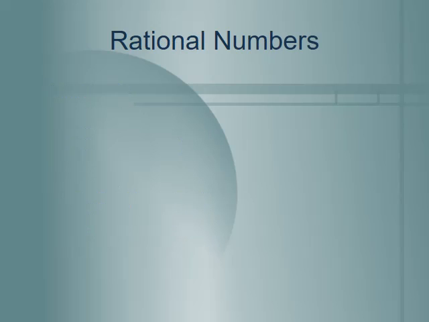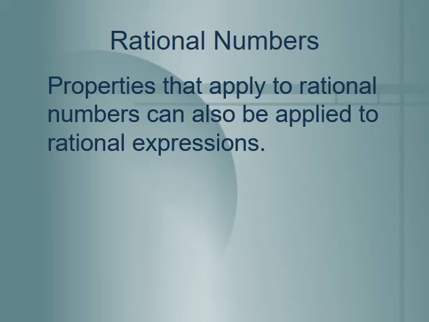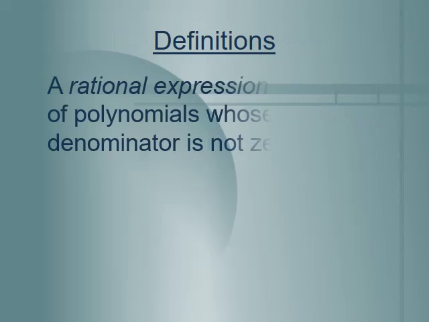So let's remind ourselves of what a rational number is. It's a number that can be expressed as a numerator and a denominator, and any of our properties of rational numbers can also be related to rational expressions. A rational expression is polynomials or some type of groups of numbers and letters that have a numerator and a denominator.